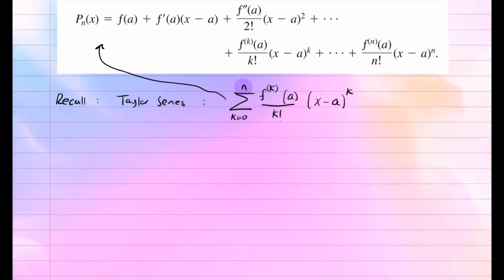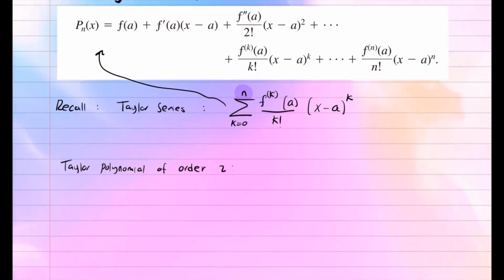Let's say I want to write down Taylor polynomial of order 2. So if I want to write down Taylor polynomial of order 2 for any function, then all I have to do is write out this term, and that term, because the power of that last term is 2.